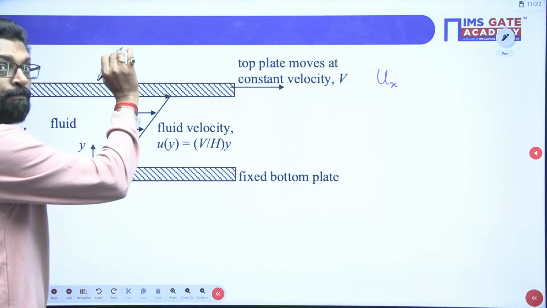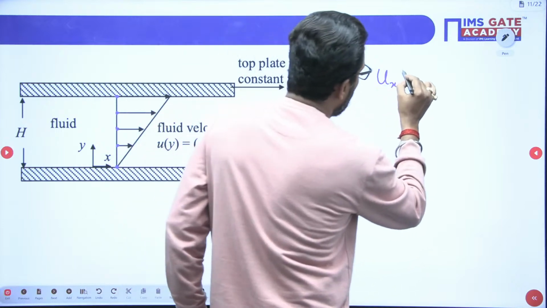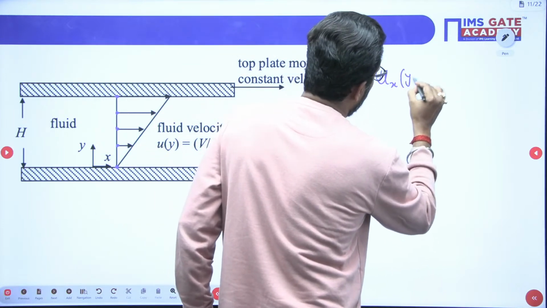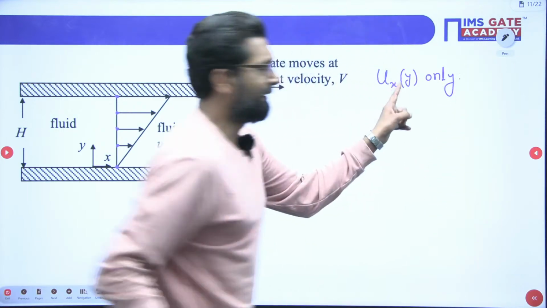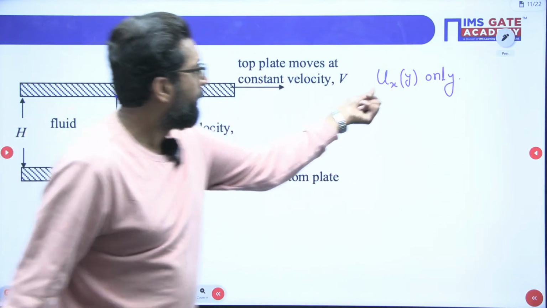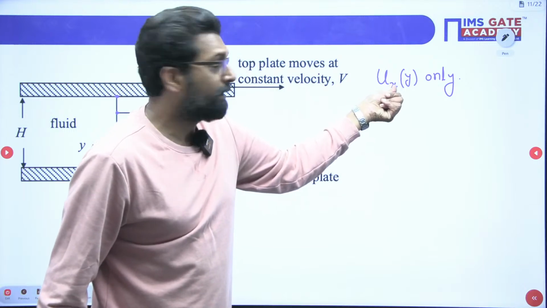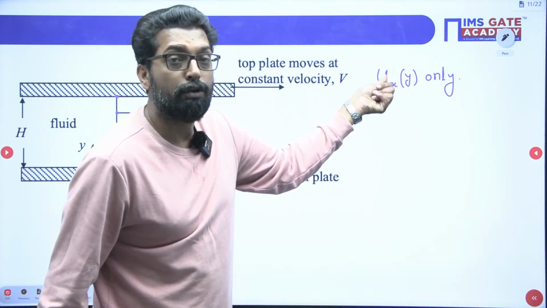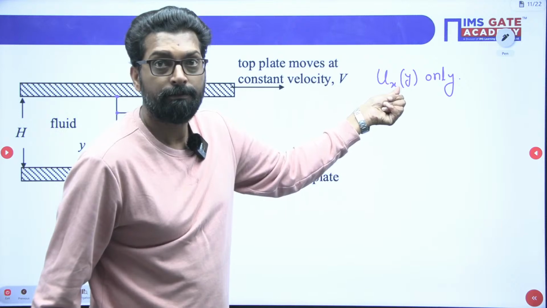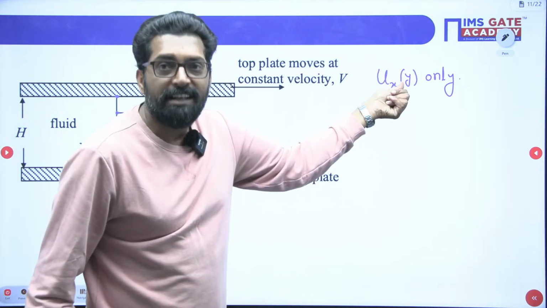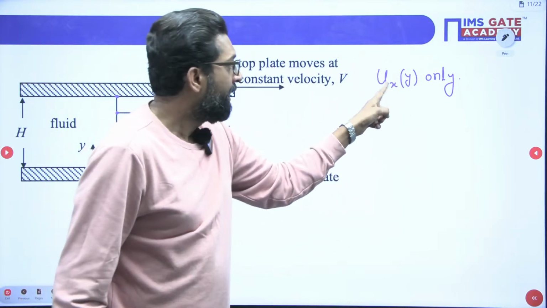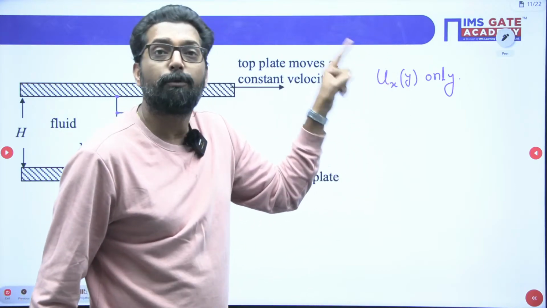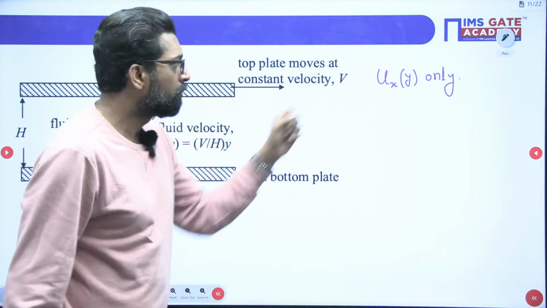So you have to write u as a function of y only. Please mind it, this is the field notation. The x denotes the component of the velocity, and y denotes the variation of the velocity. So y is the direction in which the velocity will vary. x is the component of the velocity we take. So this is your u x.